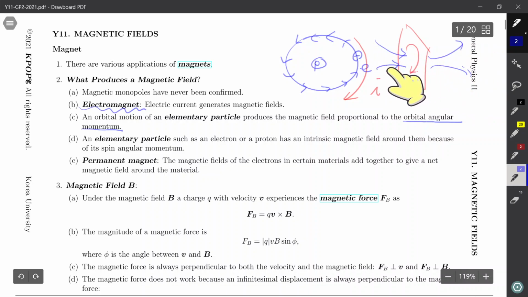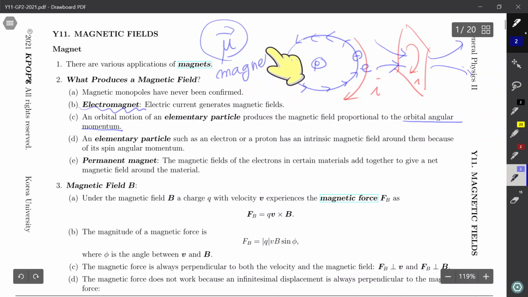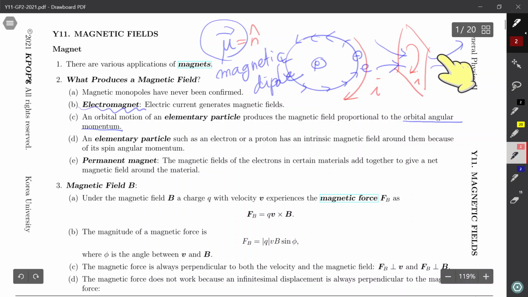We shall find that mu is called the magnetic dipole. If there is a circular current, there is a surface with area A and normal vector n hat.